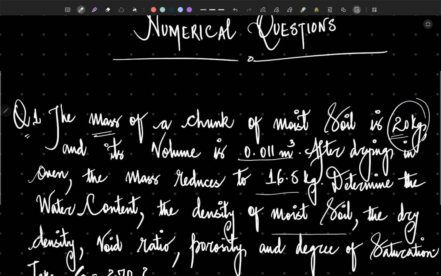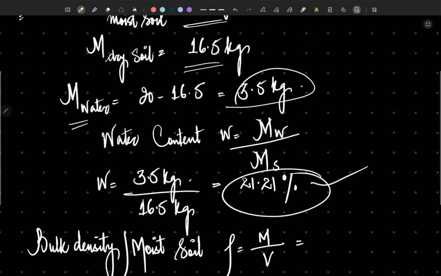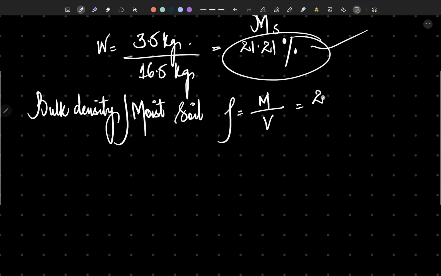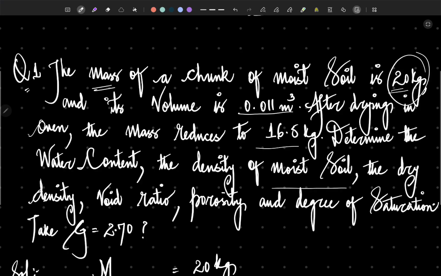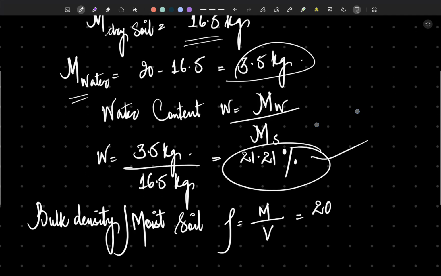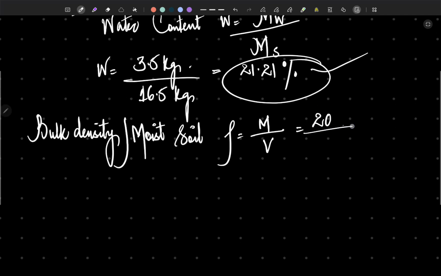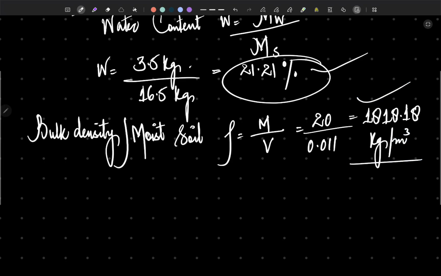It was 20 kilograms before oven drying. So mass is 20. How much is the volume? It's already given in the question. The mass of a chunk of moist soil is 20 kgs and its volume is 0.011 cubic meter. So by calculations, bulk density or moist density is 1818.18 kilograms per cubic meter.